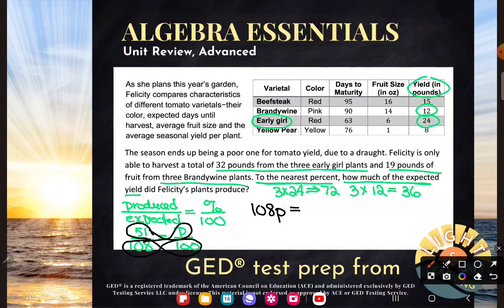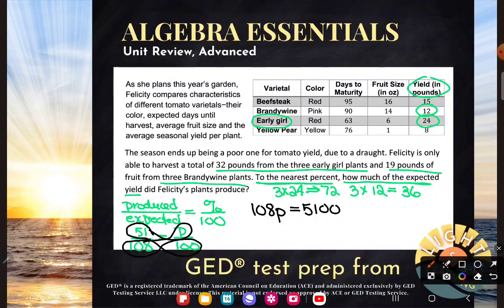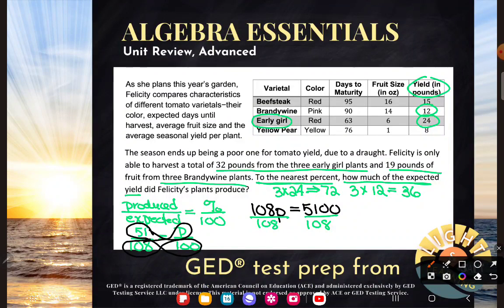And then 51 times 100 is going to be 5100. And now I will divide away the 108 to solve, and find out that multiplying and dividing by 108 cancel. P's alone just like I wanted. And the percent is 5100 divided by 108.